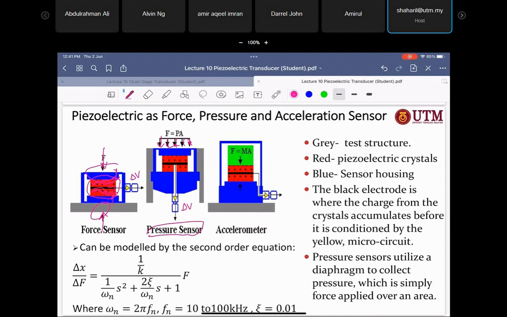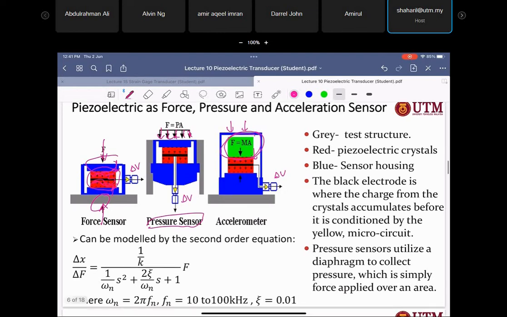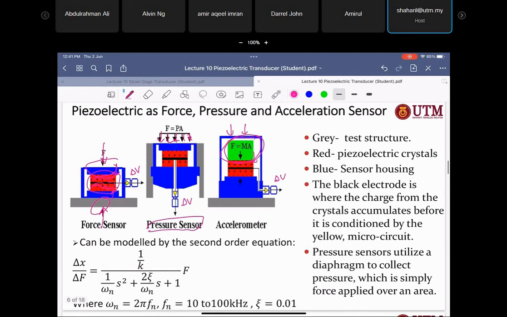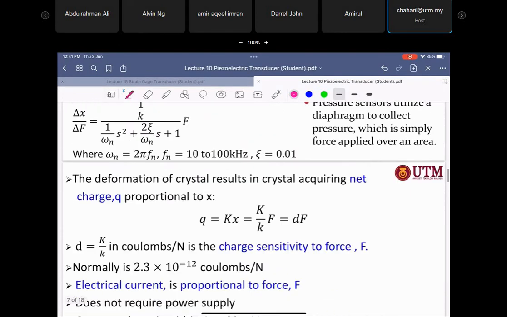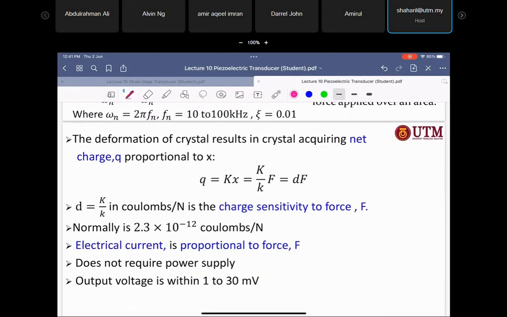You put some mass on top of the piezo, and when the force is applied here, the mass will push the piezoelectric, and then it will produce the voltage delta V. Okay, so this is the application of the piezoelectric itself.